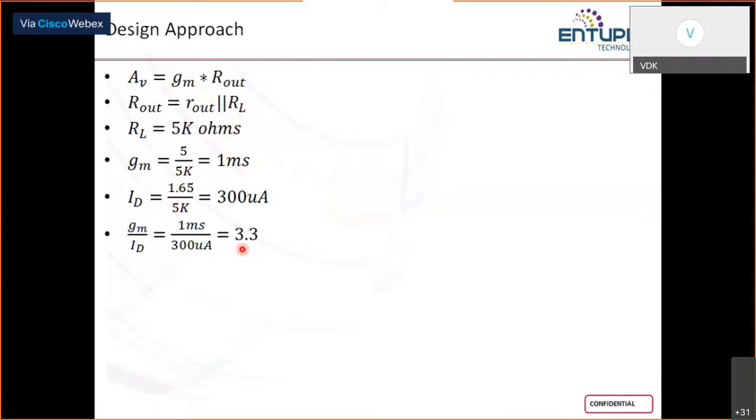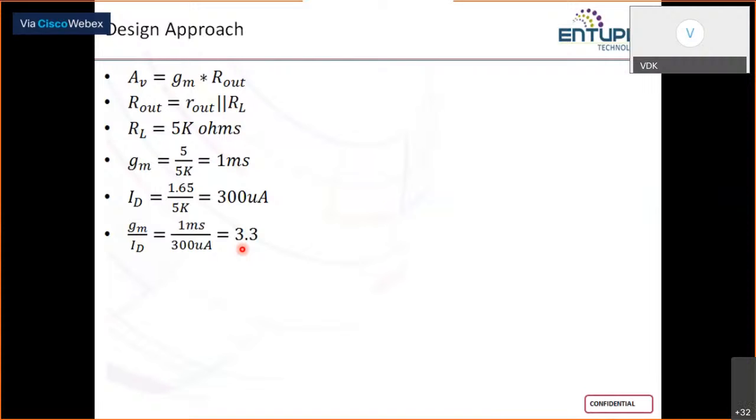First of all, we are setting up a lower bound for gm. So gm has to be equal to or greater than the value you see here, 1 millisiemens. And then ID is calculated in terms of the quiescent drain potential, VDD by 2.